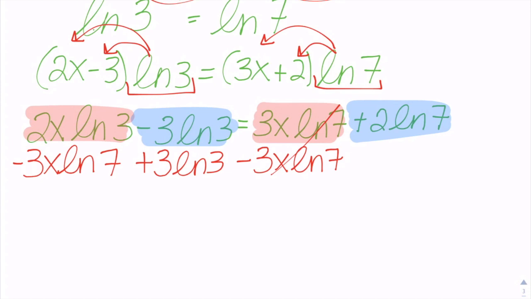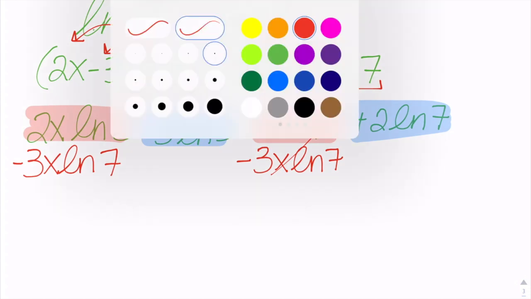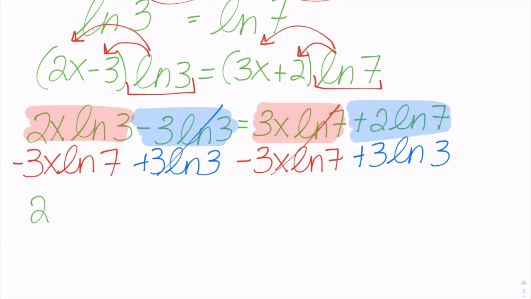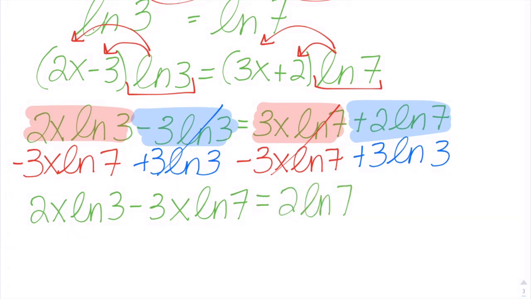I'll do that in a different color. And so when we do that, we end up getting 2x times the natural log of 3 minus 3x times the natural log of 7 equals 2 natural log of 7 plus 3 natural log of 3.